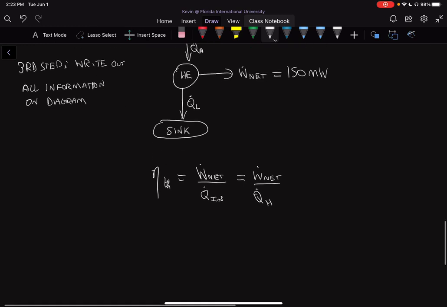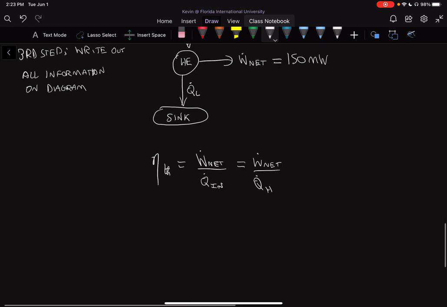Q dot H, given the information in the problem, is just equal to the mass flow rate of coal through the system multiplied by the heating value. So it's the mass flow rate of burning multiplied by the heating value.